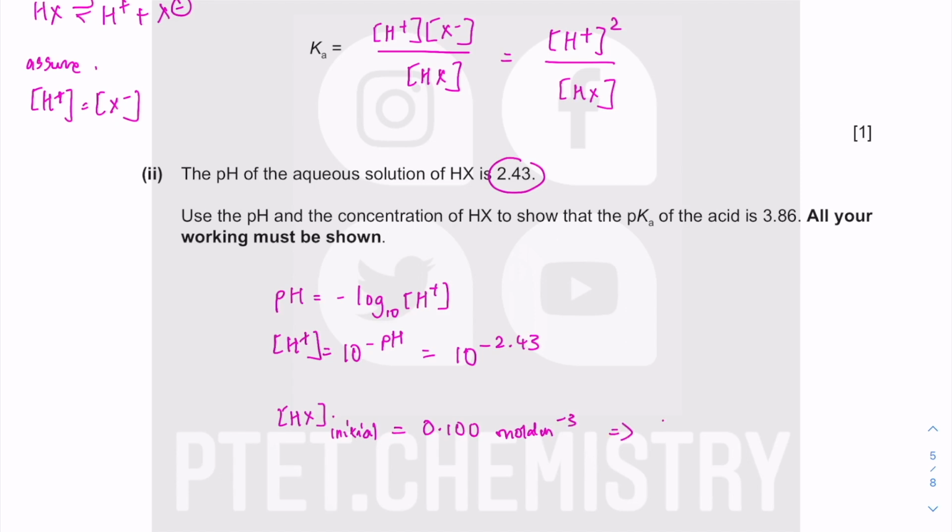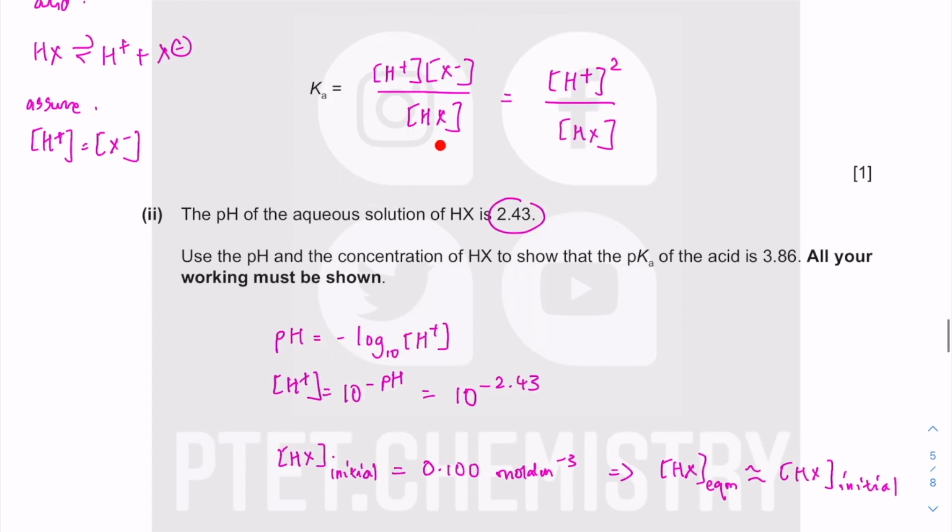So we have to assume that the HX concentration at equilibrium is roughly the same as the initial HX concentration. When we are dealing with Ka, this represents equilibrium concentration.